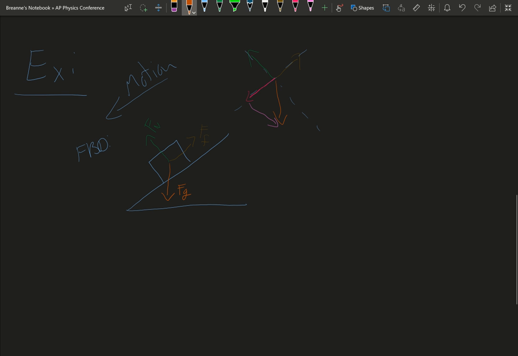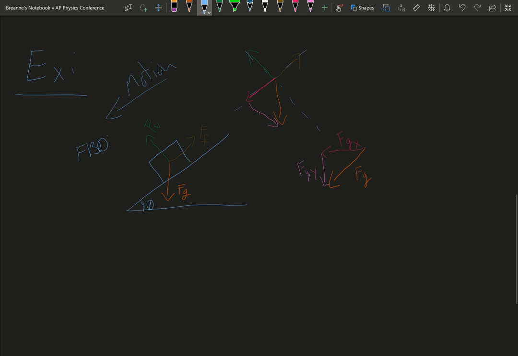So just like how we did before, we draw our triangle. That's our force of gravity in the x. This is our force of gravity. And then we have our force of gravity in the y. The cool thing about doing this is geometry.